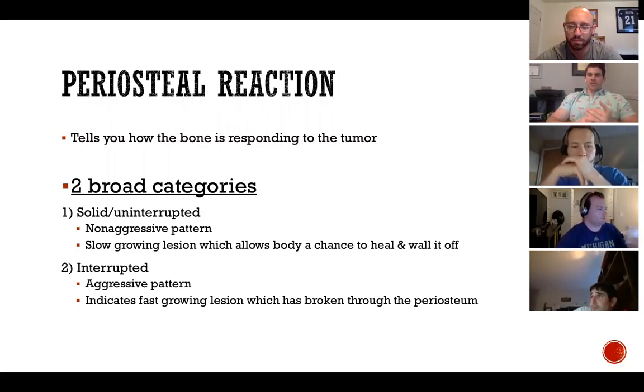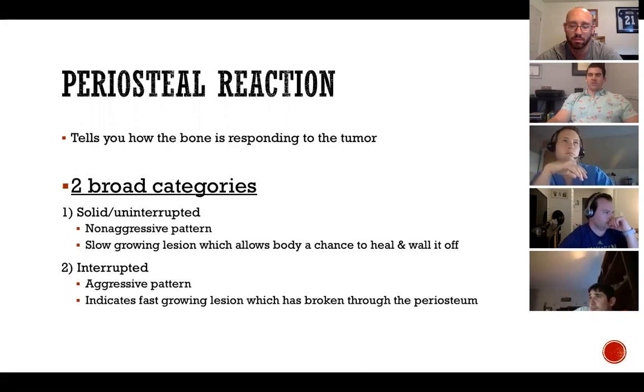Because the lesion is not overly fast growing or overly aggressive, the bone has time to wall it off, giving you that area of sclerosis and that solid and uninterrupted area of bone formation. If you have a tumor that is overly aggressive, right, it is growing faster than the bone can lay down bone to wall off this lesion.